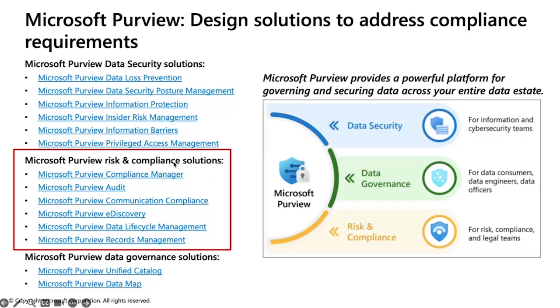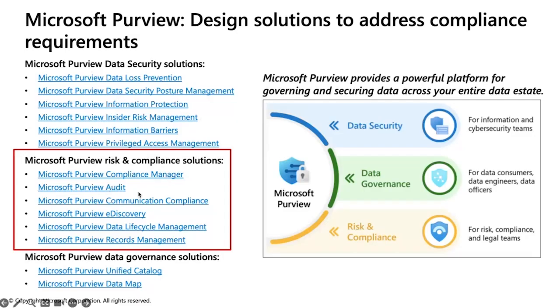But when we talk about risk and compliance solutions, first of all we have Compliance Manager, which presents the current compliance posture of your organization and your cloud environment, and you can use that to enhance your compliance posture to a higher level.